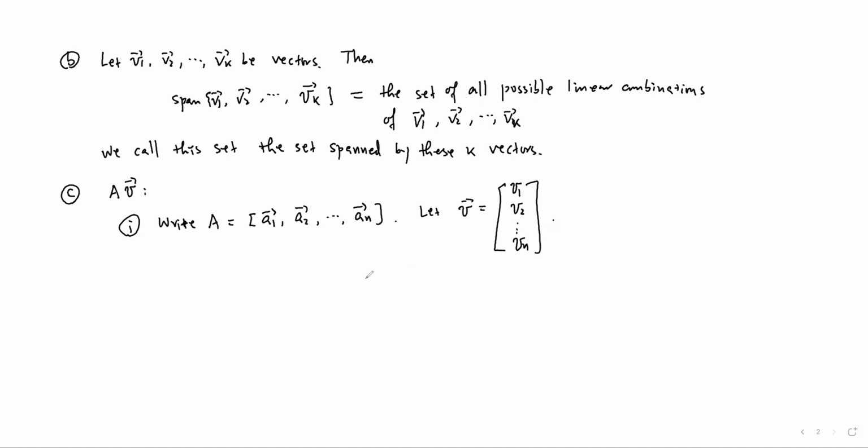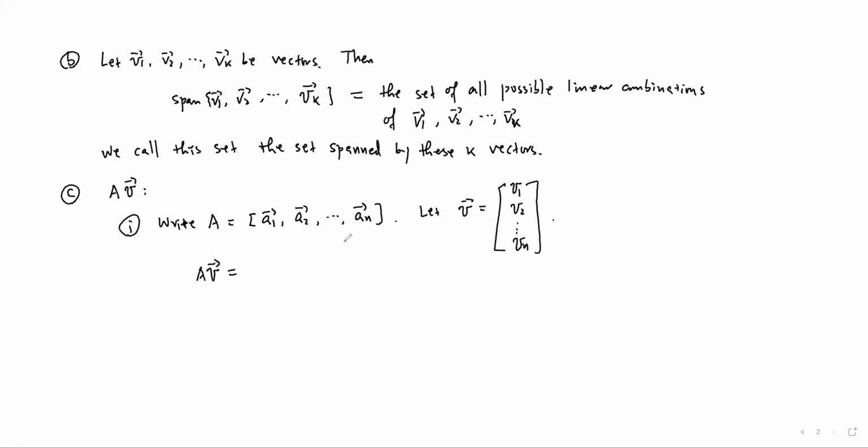There are two formulas to compute A times V. The first formula: A times V is a vector. Which vector?